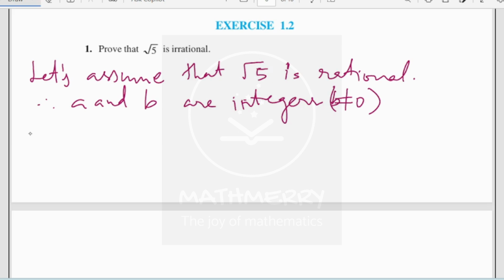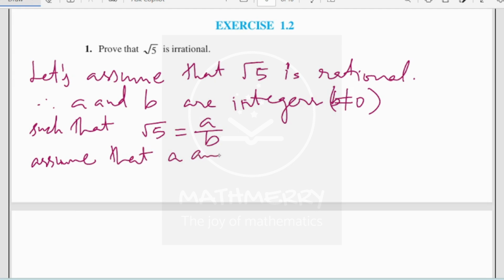Such that we can write root 5 is equal to a by b. Okay, now if root 5 is equal to a by b, we assume that a and b are co-prime.